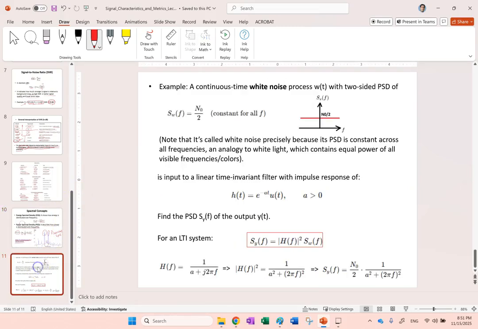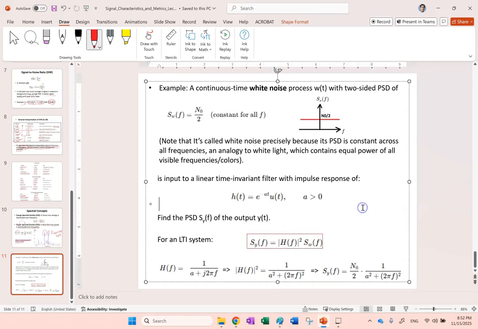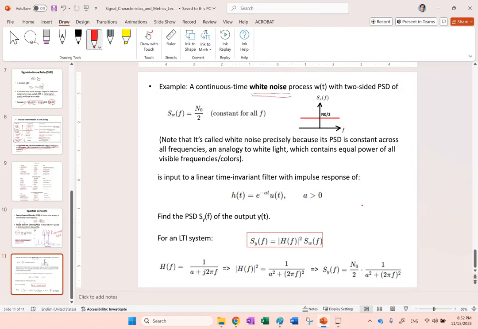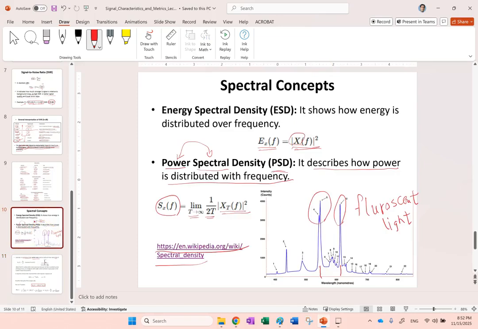Now let's look at one example together, which also carries a very important formula. One thing I want to talk about is called white noise. What is white noise? White noise is a signal whose power spectral density is constant. It's not concentrated around a specific frequency with the rest being small.